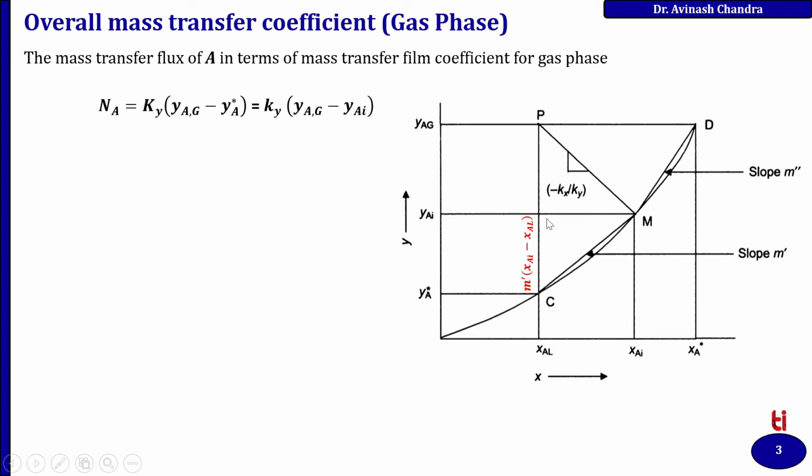So this is the XY plot. Here the equilibrium curve is like this. So the concentrations xA star, xAI, xAL, yAG, yAI and yA star are here. Considering the system has concentration xAL in the liquid phase, the equivalent concentration in the gas phase at equilibrium will be yA star.